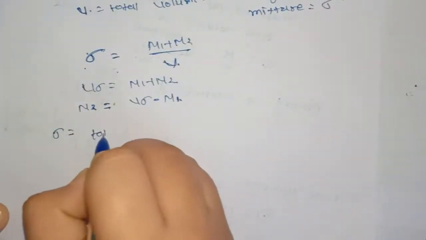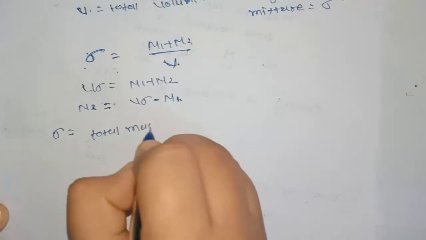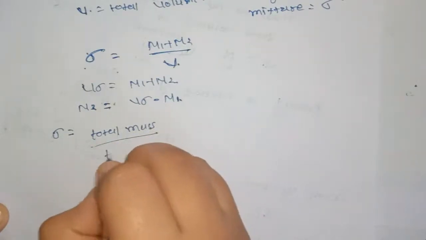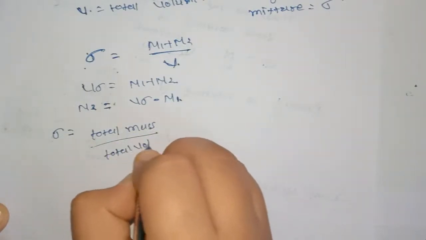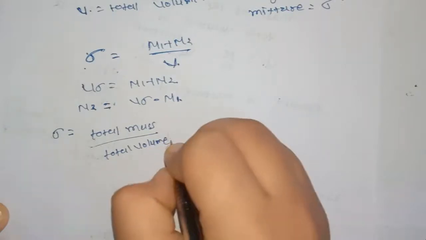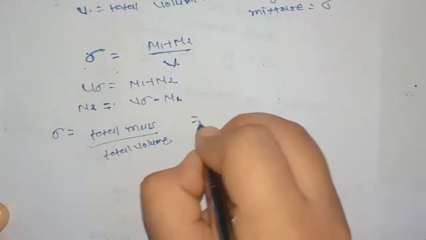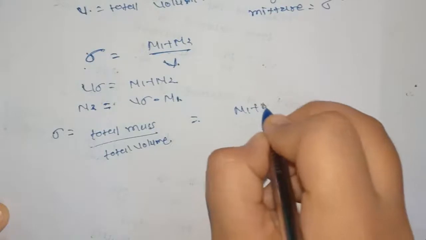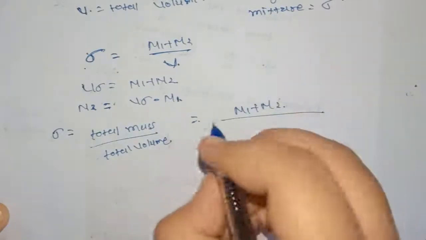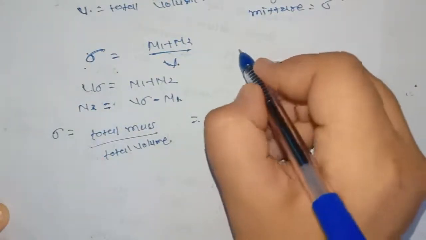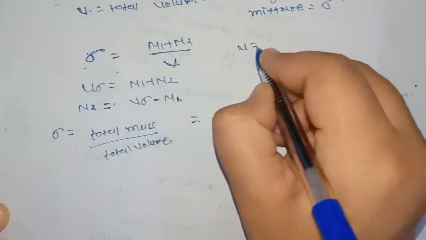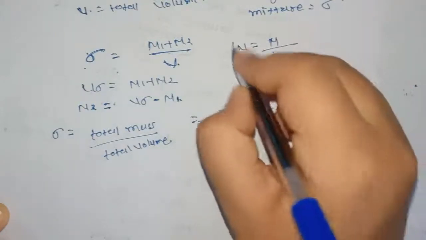Now sigma is equals to total mass upon total volume. So that will be equal to M1 plus M2 upon total volume. Volume is given by mass upon density.